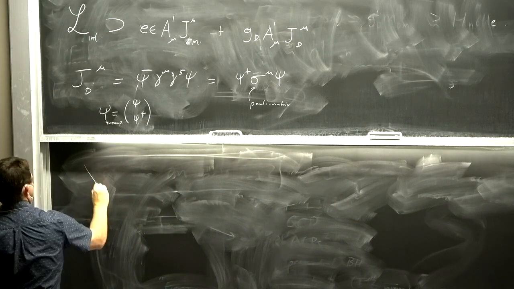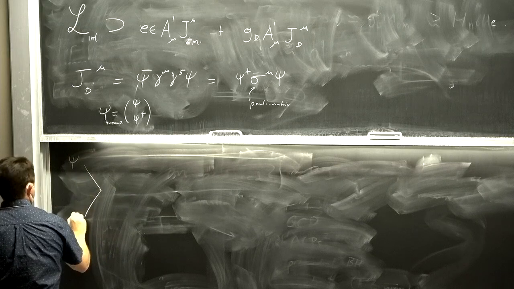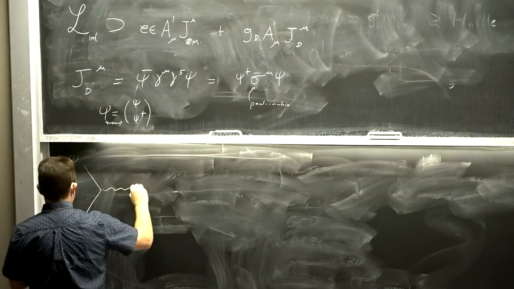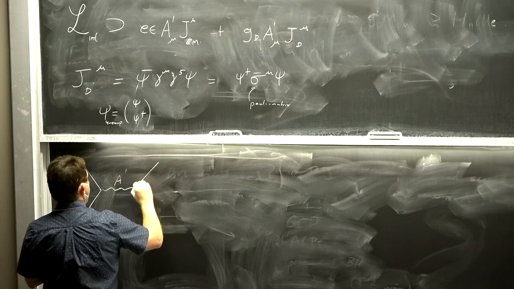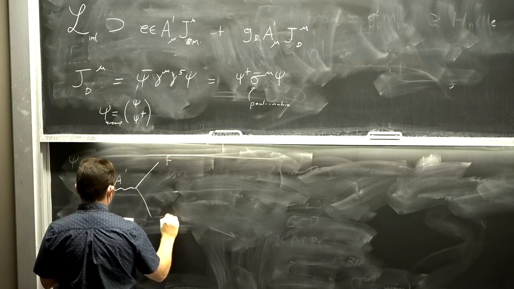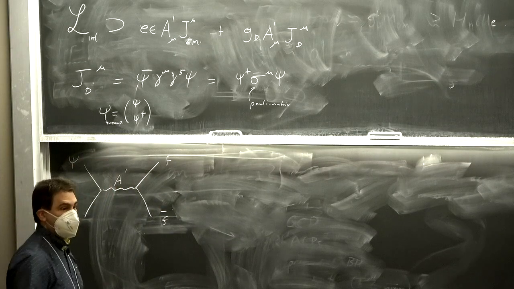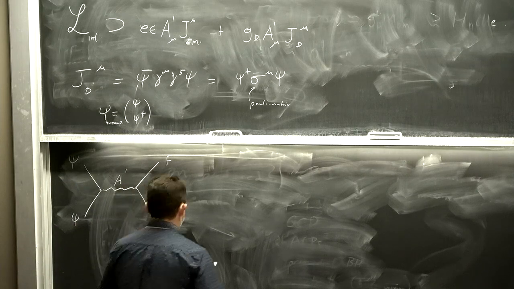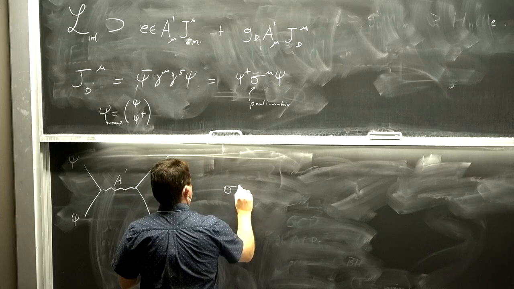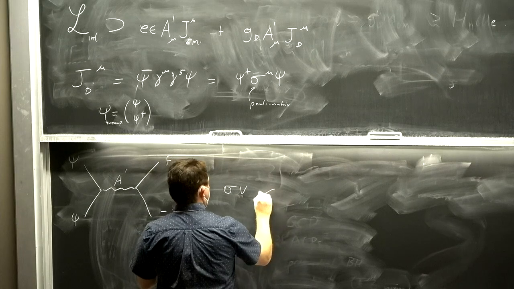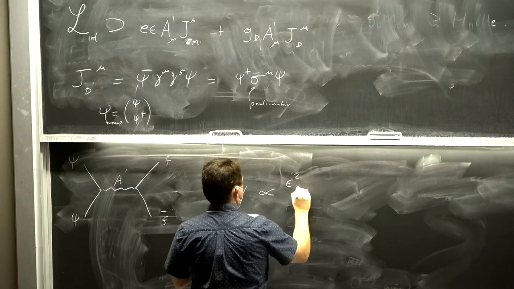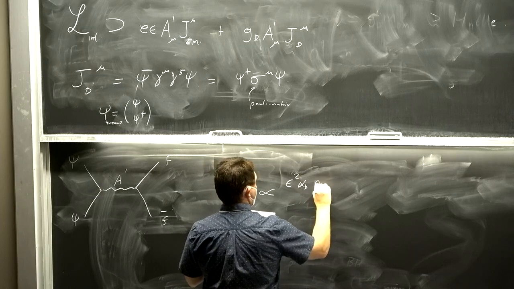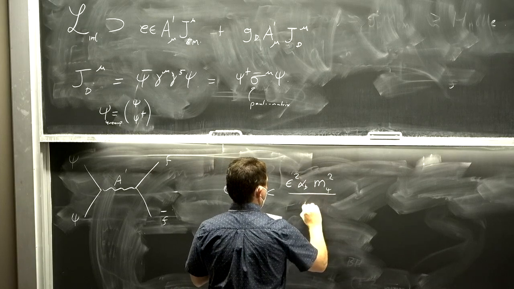So now psi has an A prime mediated annihilation to standard model degrees of freedom. So that's the process that would set the relic density in the early universe. This cross section, of course, scales as epsilon squared alpha dark m psi squared over m A prime squared.